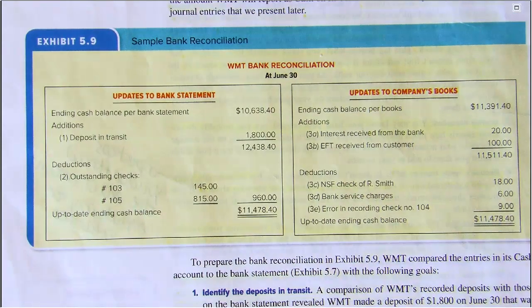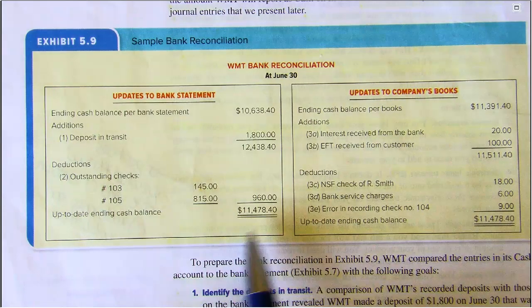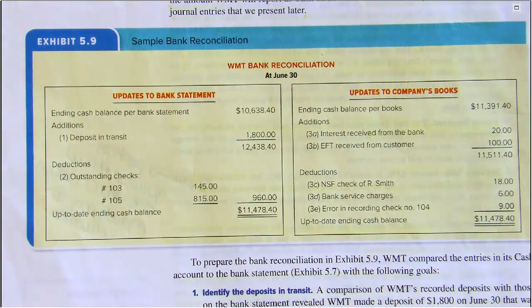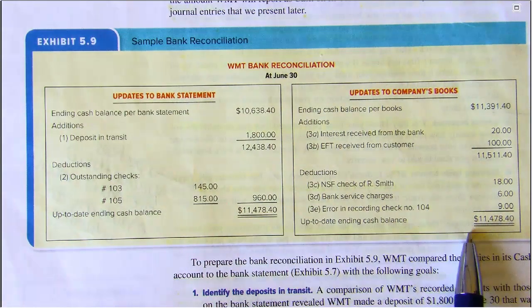So the bottom line is you are comparing every piece of information on both the bank statement and the T account, and if anything is missing, you simply add it to the side of the reconciliation that's missing the information. And then when you add down, the total should equal. We're almost done.